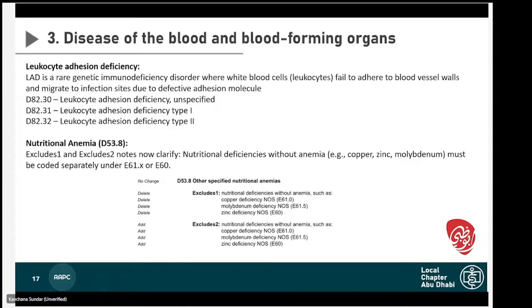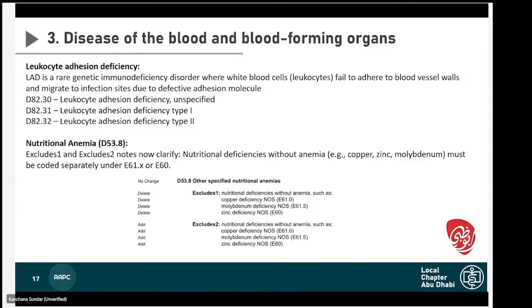Please familiarize yourselves with these terms because these are newly introduced conditions, and that's the whole purpose of this presentation, familiarizing the guidelines and the new conditions which have been introduced. So leukocyte adhesion deficiency, please be aware of this condition.